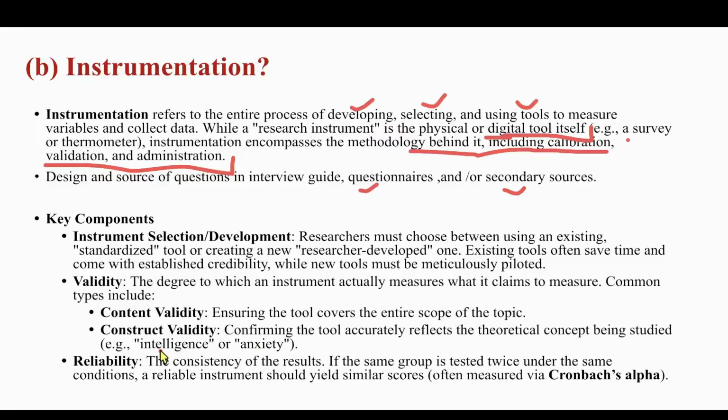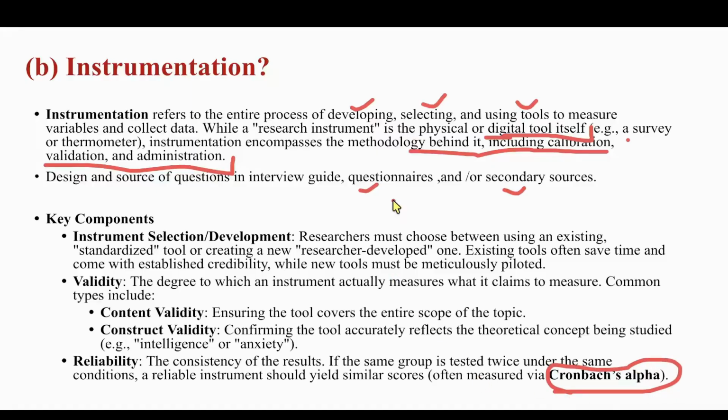For example, intelligence or anxiety. What about reliability? So we have to measure the reliability as well in case we are developing a tool. So the consistency of the results we have to check. If some group is tested twice under the same conditions, a reliable instrument should yield a similar score. Okay, so we often use Cronbach alpha, but nowadays there are so many ways.